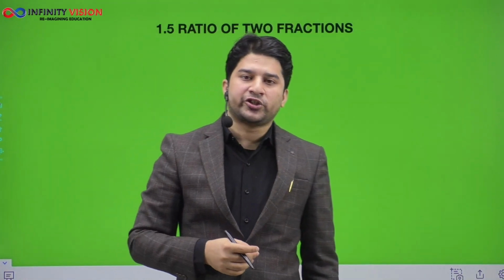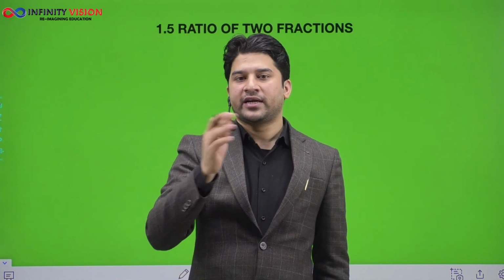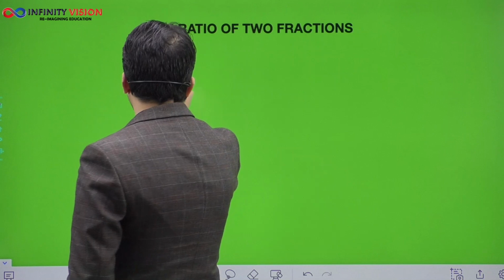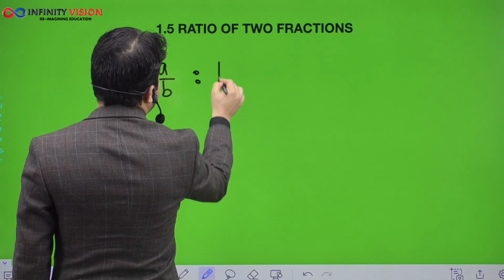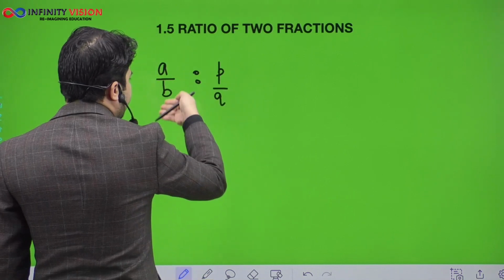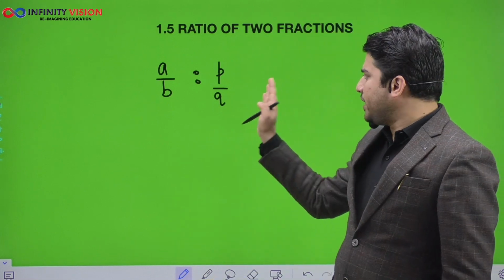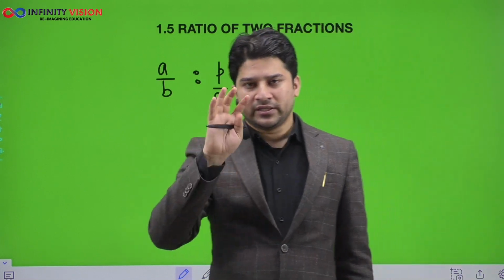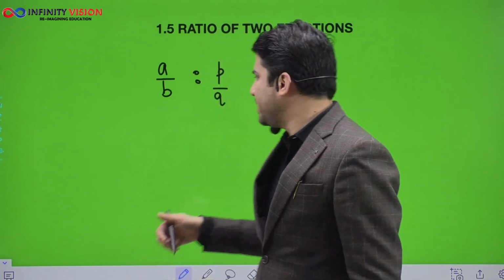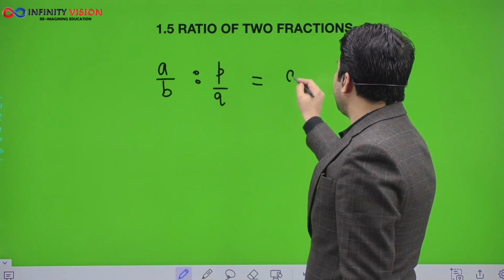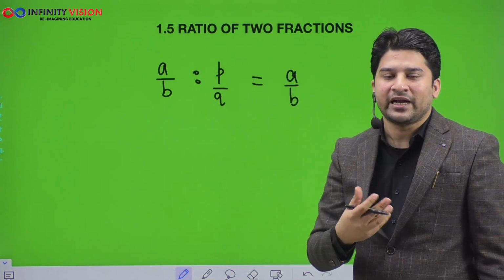Let's say you have a ratio whose antecedent is a fraction and consequent is a fraction, or rather a rational number. Let's say your antecedent is A by B and your consequent is P by Q, where A and B are integers and P and Q are also integers. You would be able to convert this ratio into the ratio of two integers simply, as you know that a ratio can be seen as nothing but the division of antecedent and consequent.